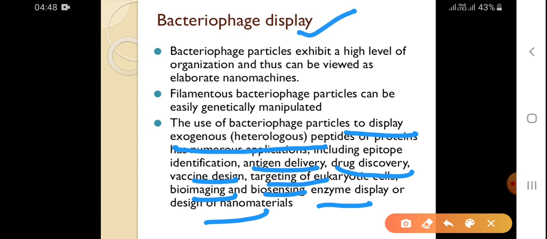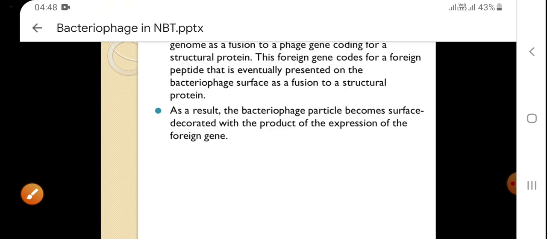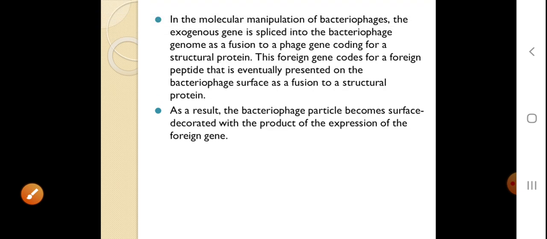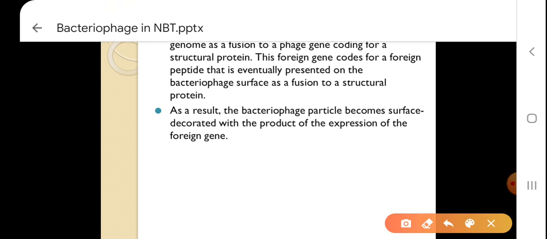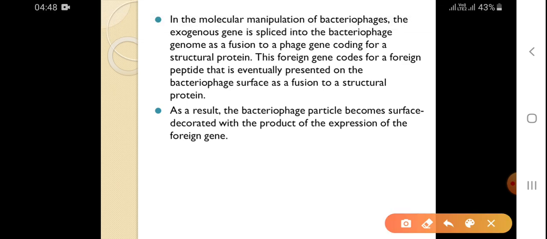Now, what is this? Very simple. Bacteriophage particles display exogenous peptides. How does it do it? A first method that we are going to discuss is molecular manipulation. Now, what is molecular manipulation? The exogenous gene, that is, the gene of your interest or your foreign gene, right?